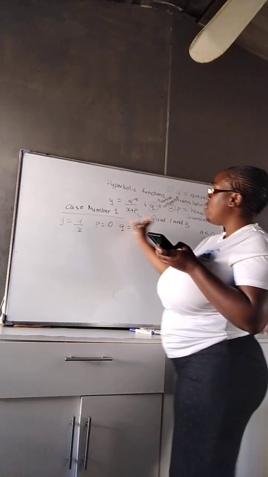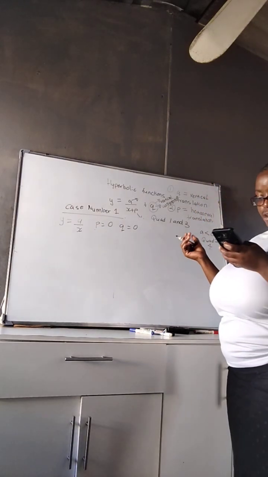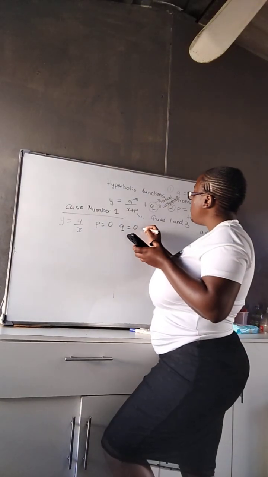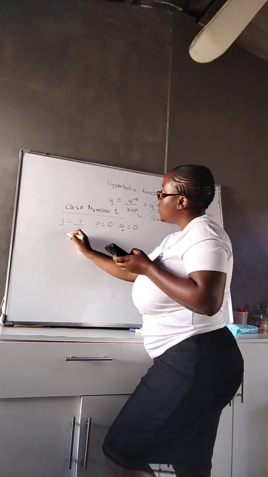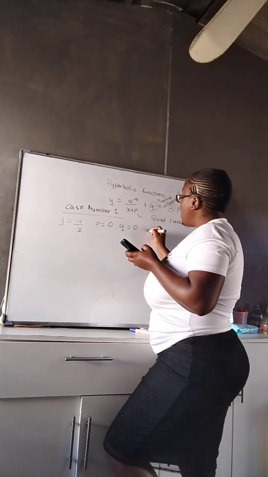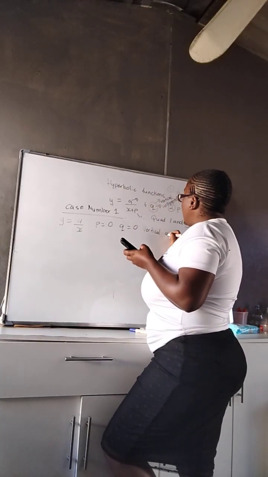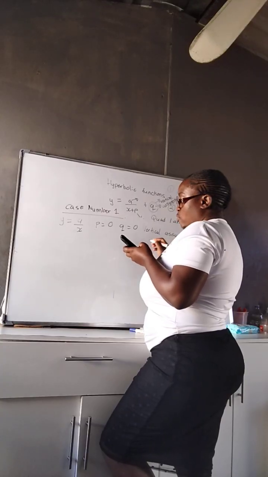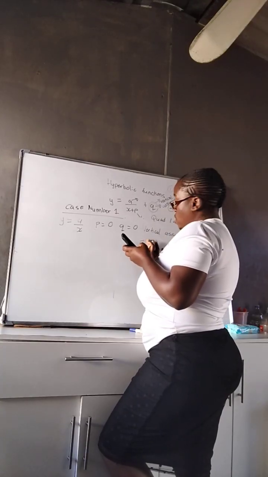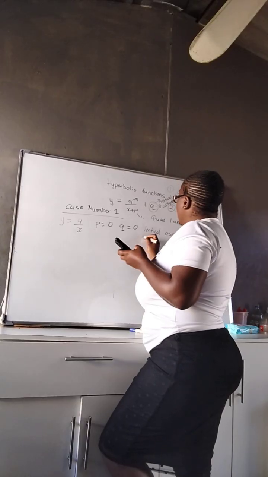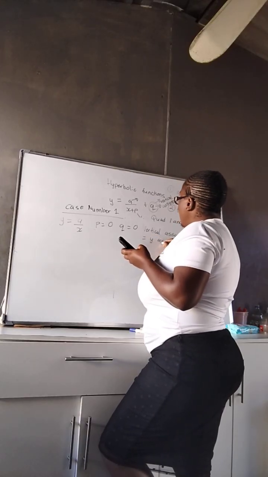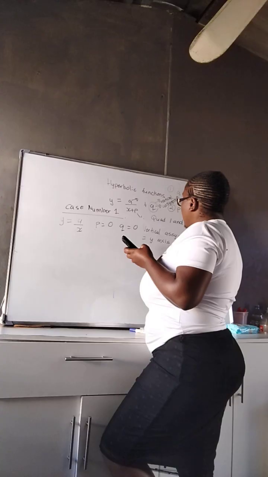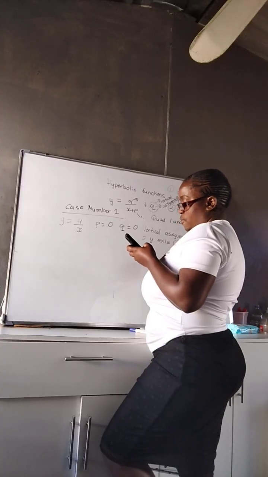So when p is equal to 0 and q is equal to 0, the vertical asymptote is equal to the y-axis, which means that x equals 0.